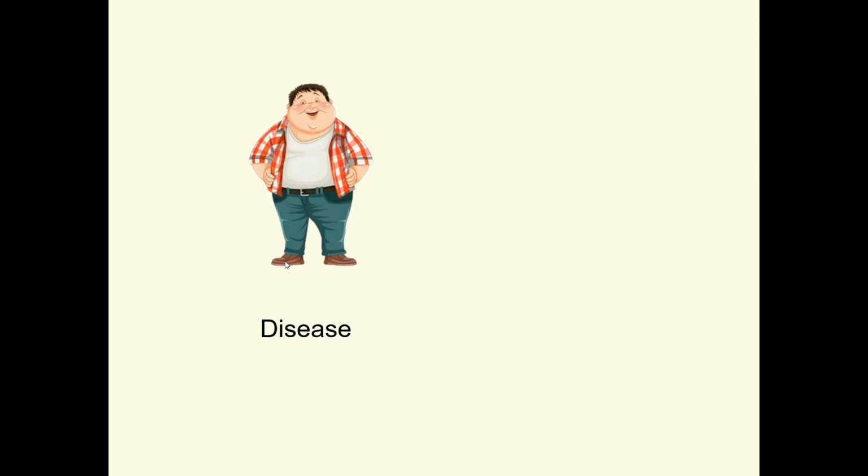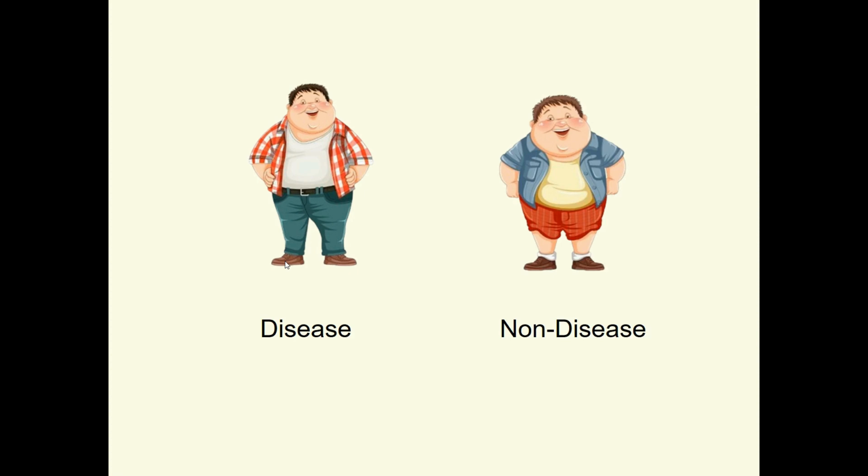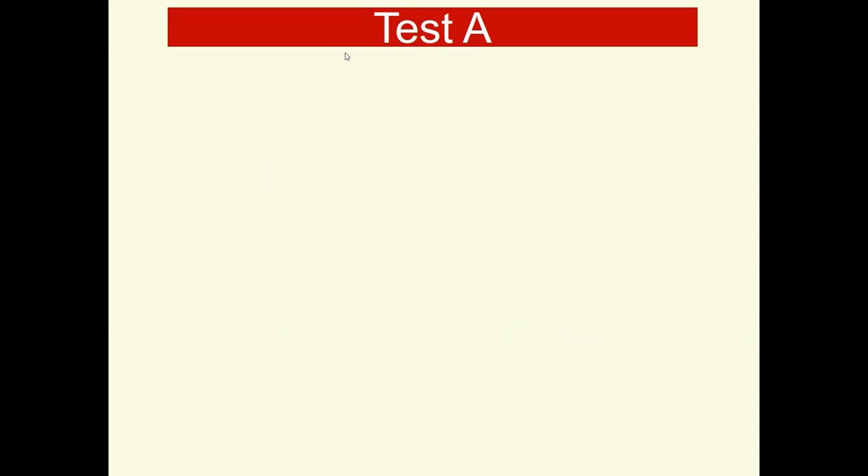To understand that further, let's start with the example of two groups of patients, a disease group and also a group of non-diseased individuals. First we have test A. According to the previous question, sensitivity was 95% and specificity for test A was 70%.